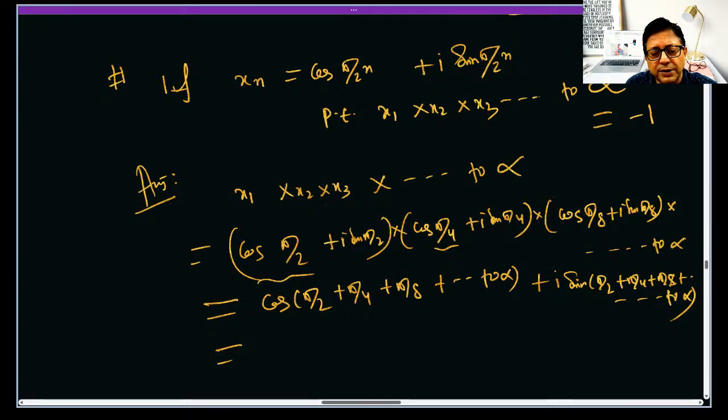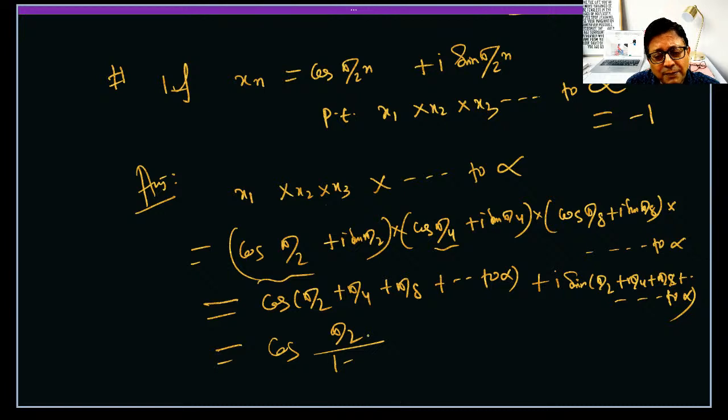This bracket is not required. So what do you get? Infinite GP sum you know, a by 1 minus r, where r is half here.